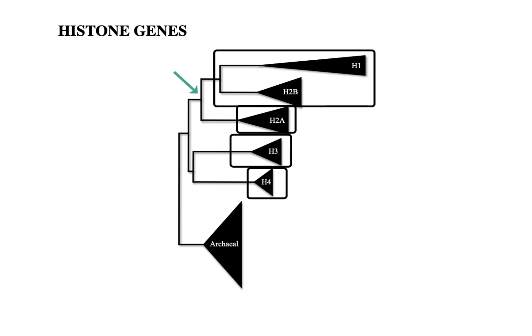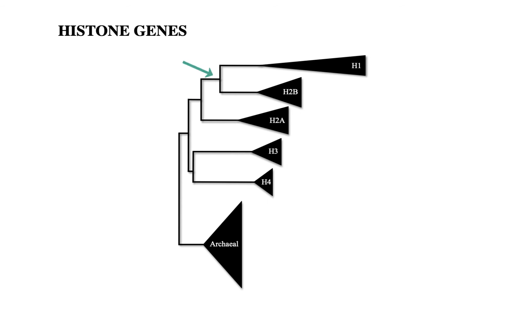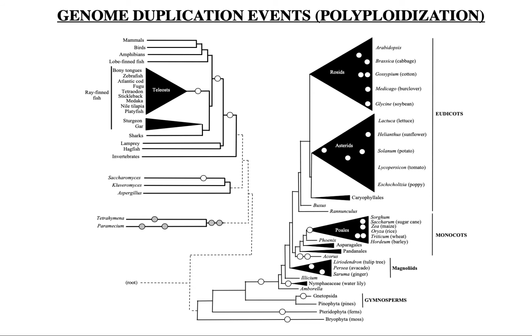And finally, a final diversification that led to a separation of the H2B histones and the H1 histone genes. In the majority of cases, most of the gene duplications and therefore the expansion of these multi-gene families originated from genome duplications, that is polyploidization.